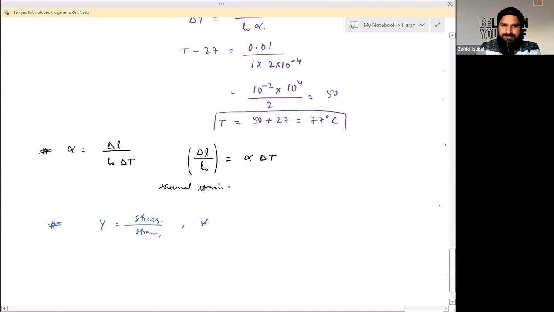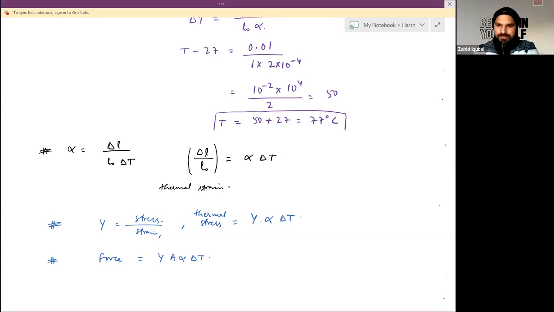So stress, or thermal stress, equals Y times thermal strain, which is alpha times delta T. Now stress equals force per unit area, so the force exerted will be Y A alpha times delta T. So you may be asked to find these two different expressions related to change in temperature. Okay. Yes, sir.